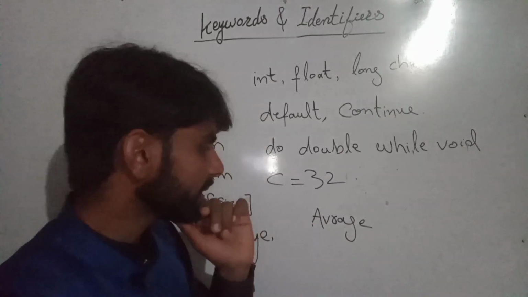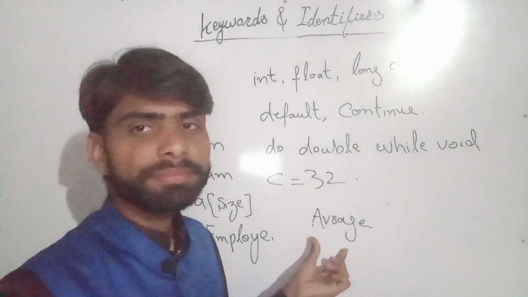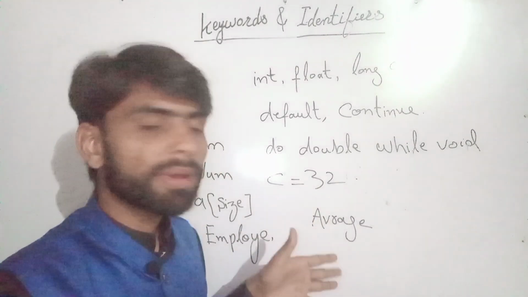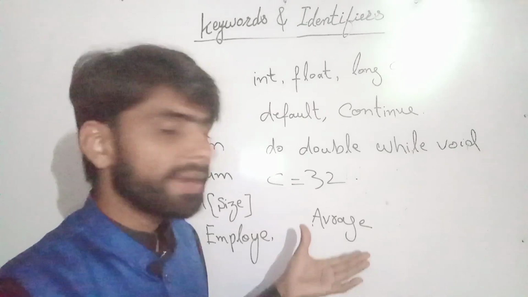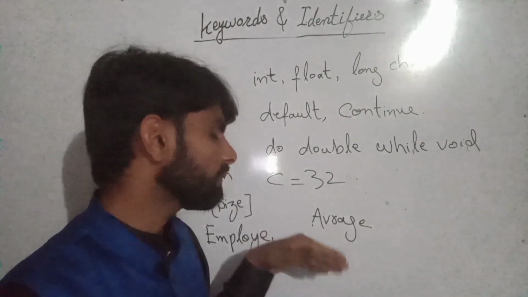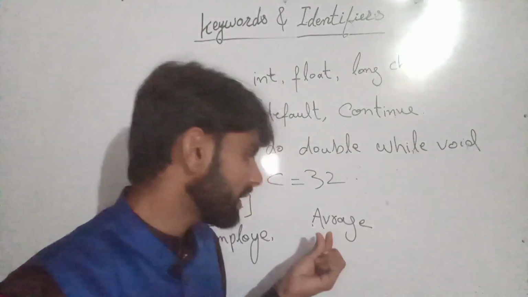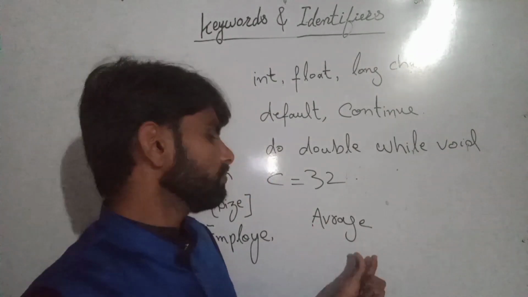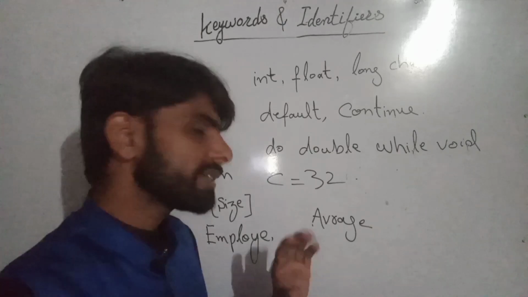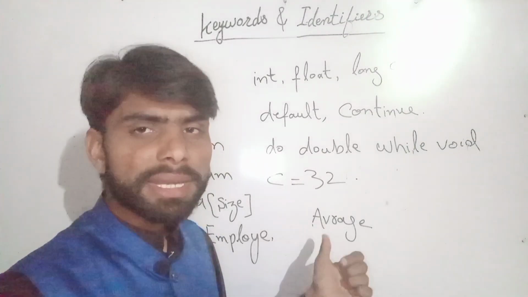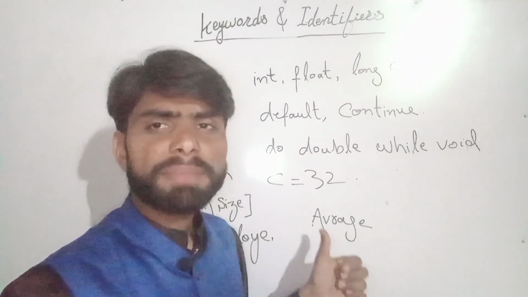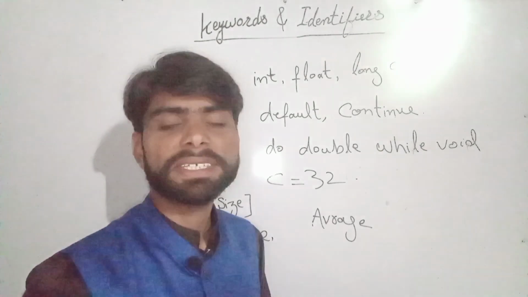And the next thing is that we can write any capital and small alphabets and digits, right? It does not matter. But identifiers are also case sensitive.